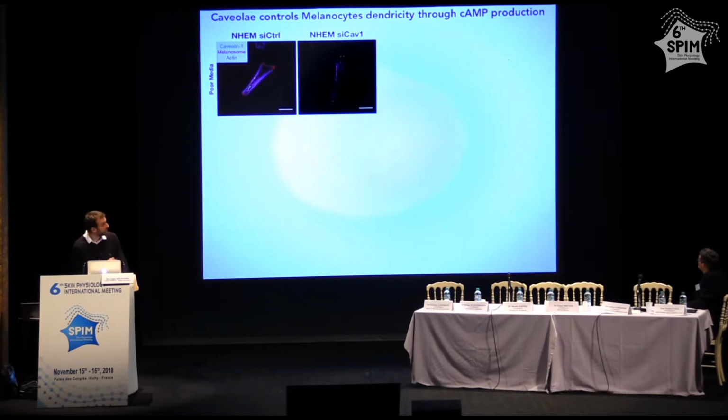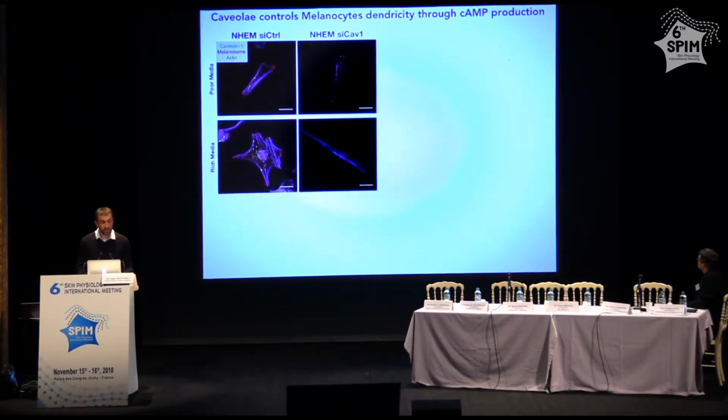What we can observe is that in control or caveolin 1 depleted conditions, the cells are kind of elongated and almost indistinguishable from each other. When we grow them in rich medium, meaning that we add some factors like, for instance, endothelin-1, the control melanocytes start to make some projections and adopt a star-like shape, while the caveolin-1 depleted melanocytes are much more elongated and stretched.